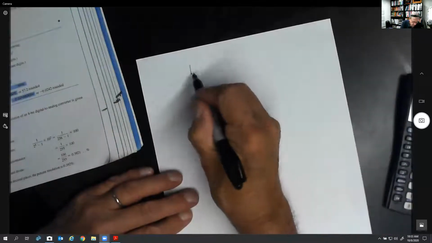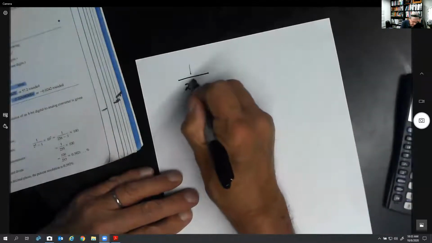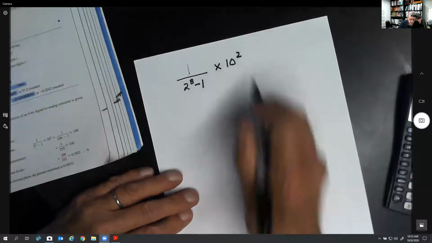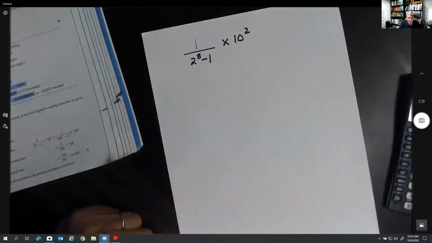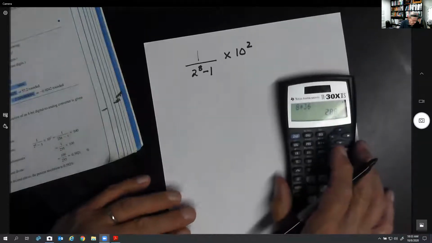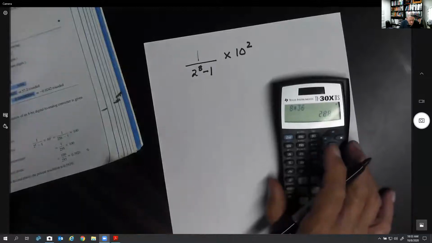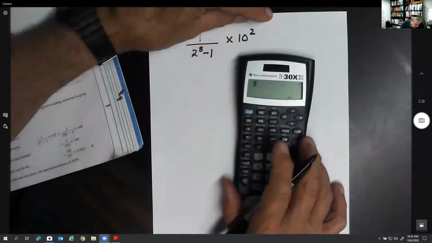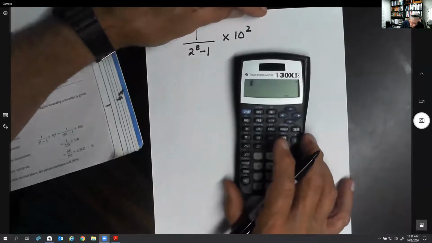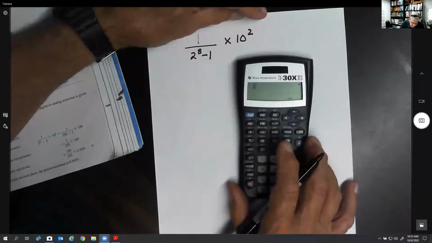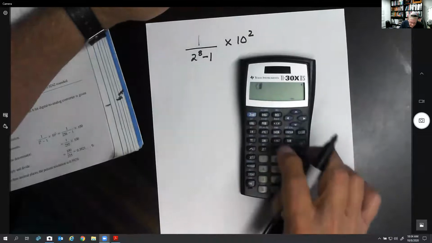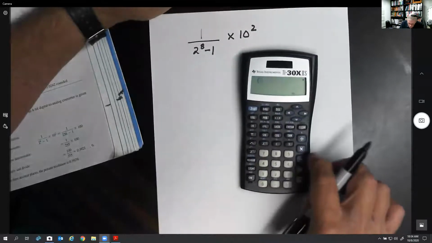Now let's look at example 7 here in the book. Here we have an interesting 1 over 2 to the 8th minus 1 times 10 squared. We could do it a couple of different ways, but if we just use the calculator, because this one's kind of hard, let's see what happens. Sometimes you want to be a little cautious about this.